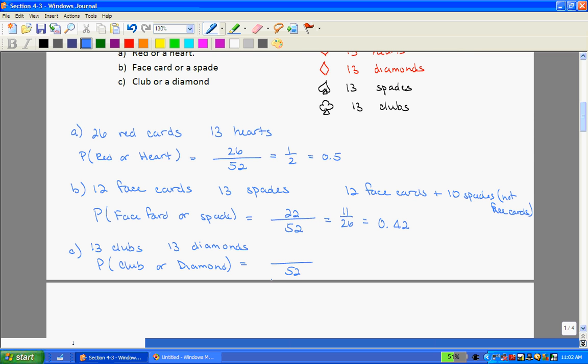Before, we had to be careful because some cards could be counted in either the first event or the second event. Here, clubs are not diamonds, and diamonds are not clubs, so there's no problem with the card being counted twice. So we can go ahead and add 13 and 13 together and say 26 over 52, or 1/2, or 0.5.